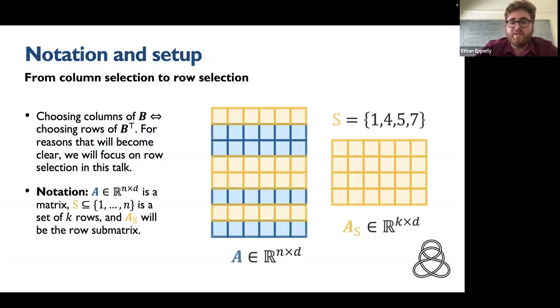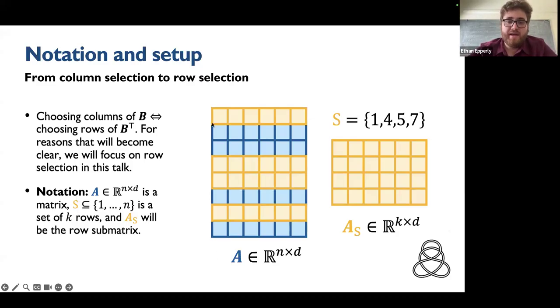So let me give you some notation, which will be used throughout the talk. A is always going to be a big data matrix of size n by d, and I've represented that matrix here. And S is always going to be a subset of the set 1 to n, which indexes a set of k rows. So S will always have cardinality k.